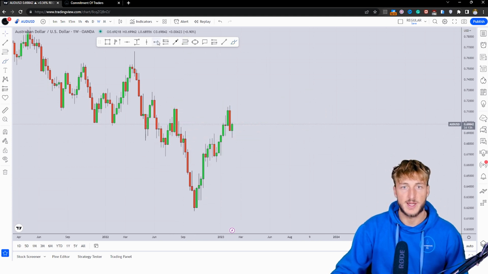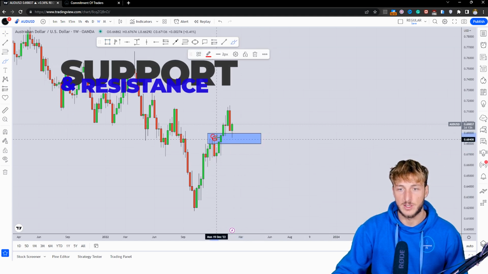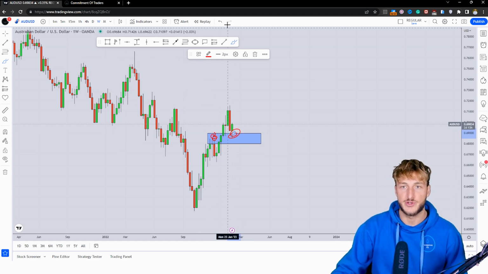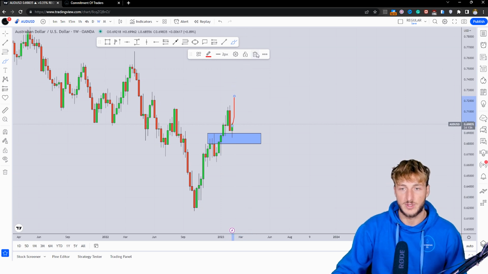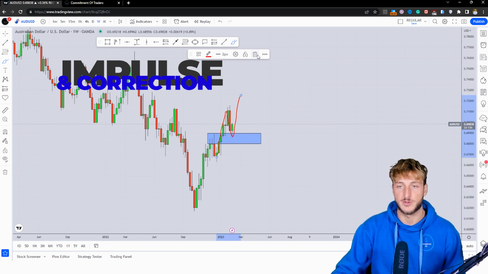Now, from a weekly perspective, it is quite clear how the market went all the way down and tested exactly the previous weekly resistance, which is now turned support here. Now, as we're testing this previous resistance turn support, we could expect a potential rejection to the upside for the market to complete this impulse correction and impulse pattern to the upside.